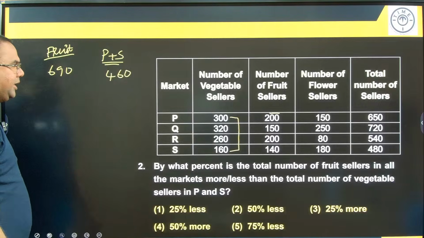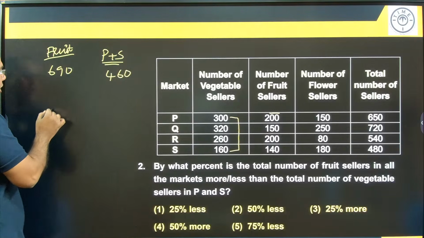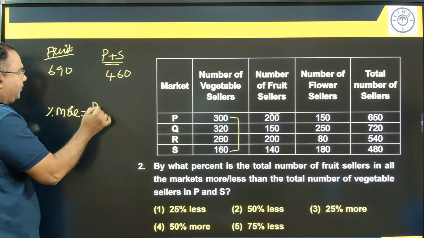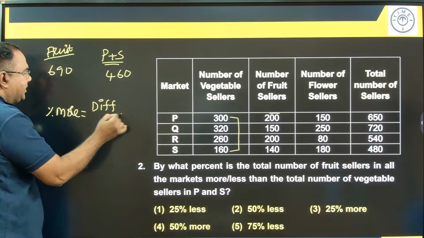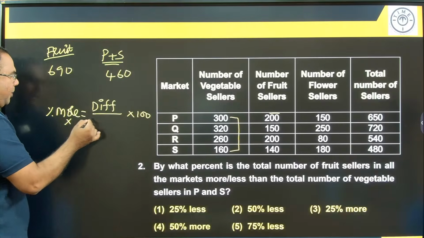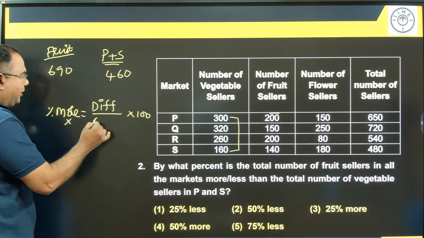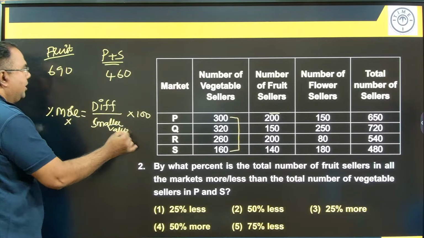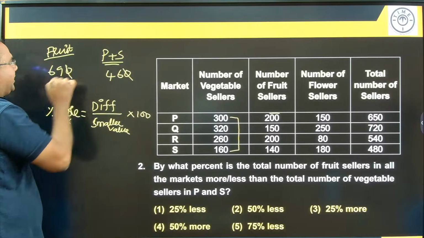Right? Now definitely this is more, so we calculate percentage more. What's the formula for percentage more? Simple: difference, percentage, always times 100. More means it will be the opposite of more, so the smaller value goes in the denominator. Right? So you can ignore the common factor here.